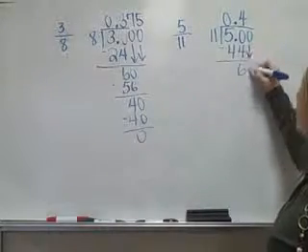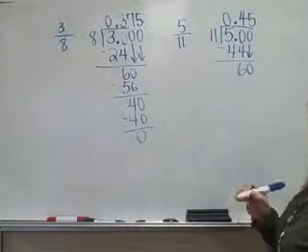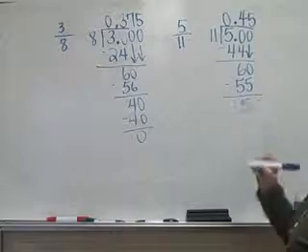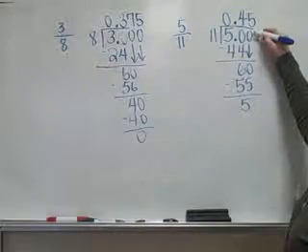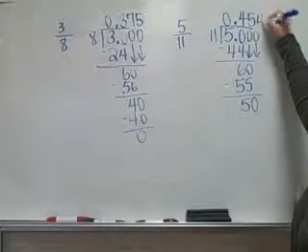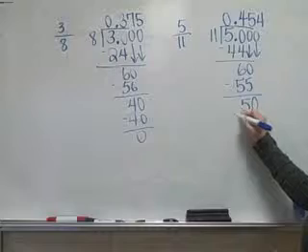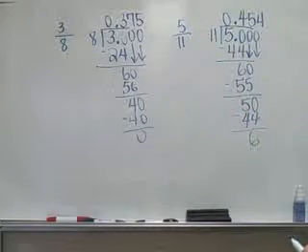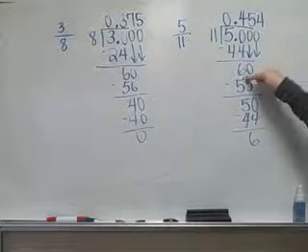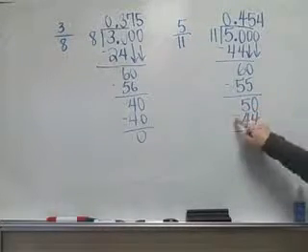I drop down a 0. 11 can go into 60 5 times. 5 times 11 is 55. That gives me 5. Okay. I drop down a 0. 11 can go into 50 4 times. 4 times 11 is 44. Oh, I'm kind of starting to see a pattern. You see how I had 44, and then a 6, and then a 55, and then a 5, and then a 44.